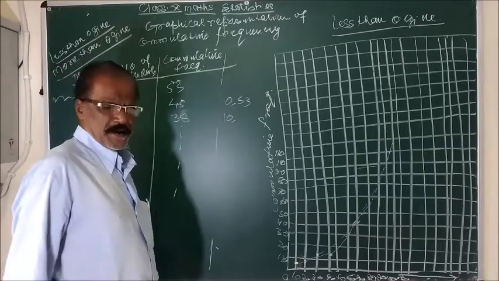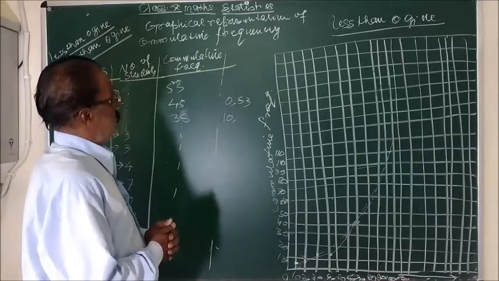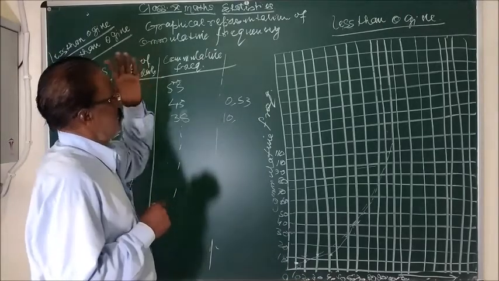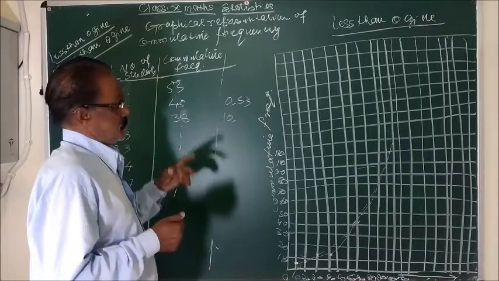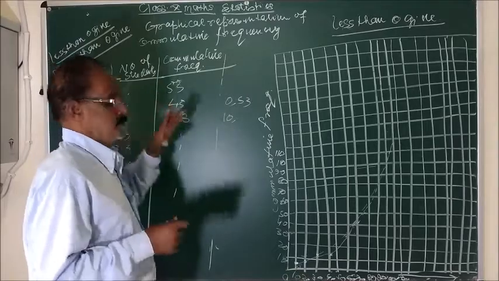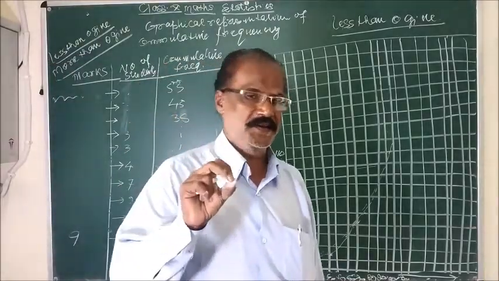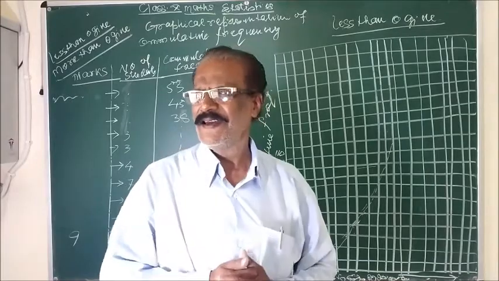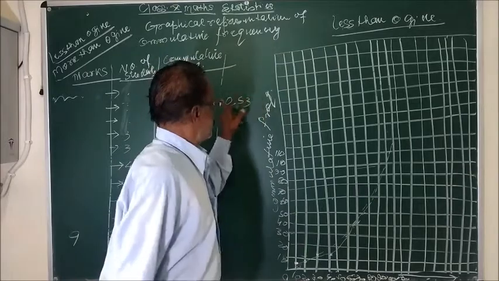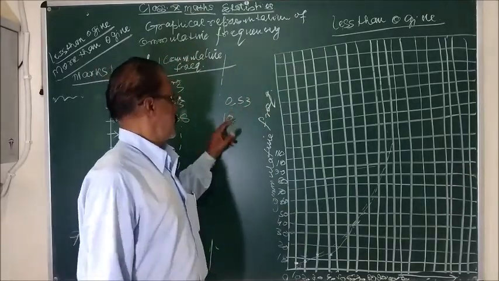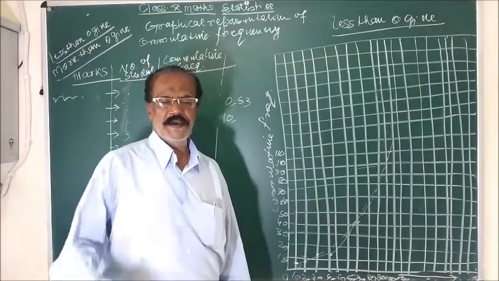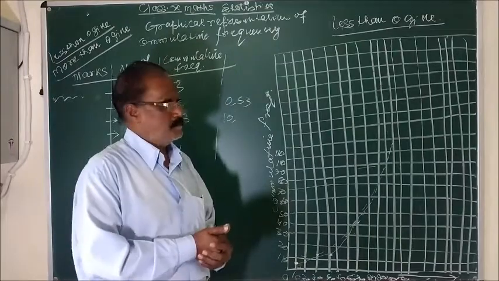I have not enough time in this period, and therefore I am explaining, but now you have to do it. How will you draw the graph paper? In graph paper I remind, in more than type, you should take the lower limit of every class interval and corresponding cumulative frequency. You take as coordinates 0, 53 like this, and if you plot, you will get a curve that will be the more than type ogive.